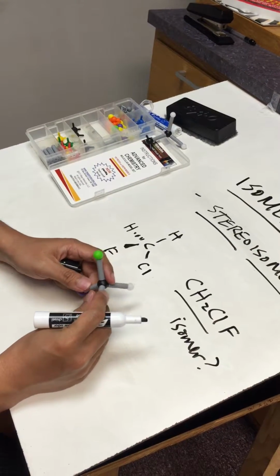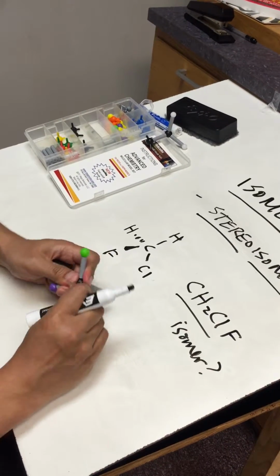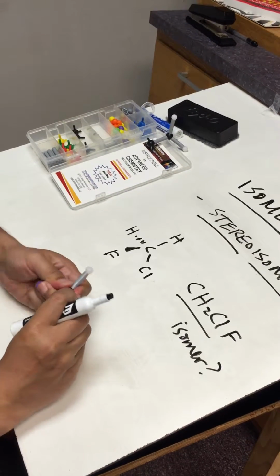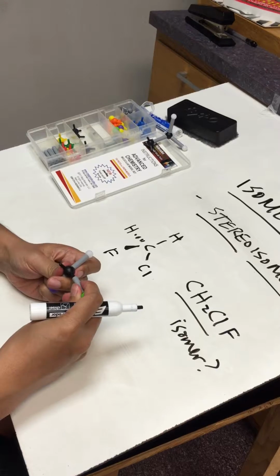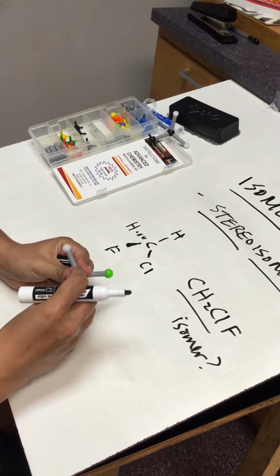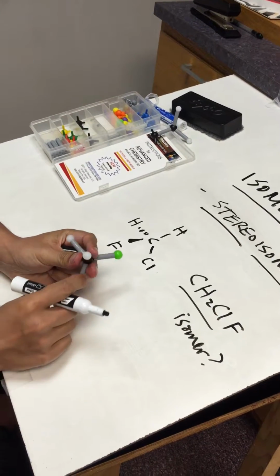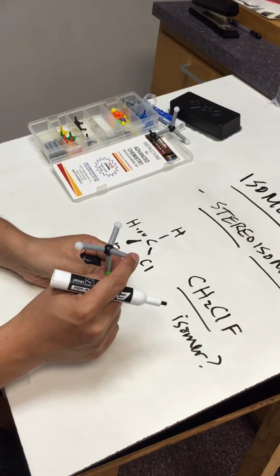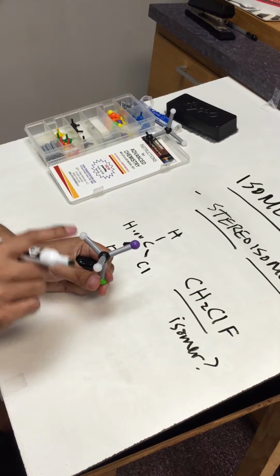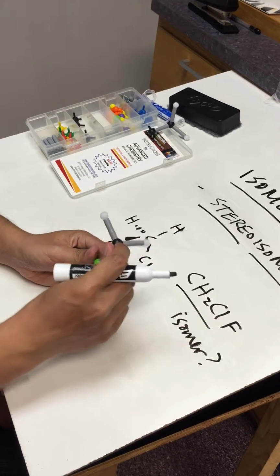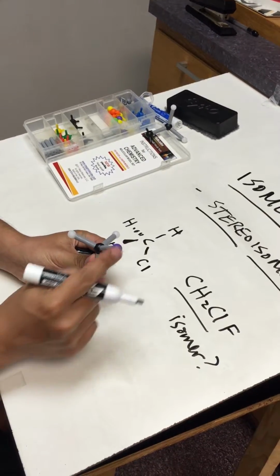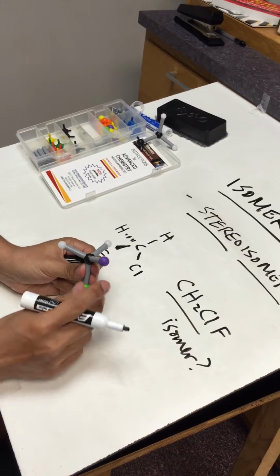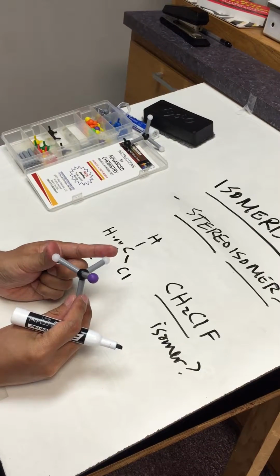Well, the answer is no, because, let's say if I take off this bond here, take off this bond, and I just switch the two, does it make a difference? The answer is no, because the fluorine replaces one of the hydrogens, and basically you have the fluorine next to chlorine, but then the other two hydrogens are always going to be next to each other.